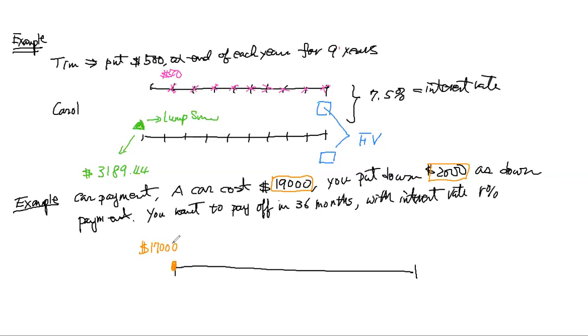That's what we call the present value. Right now the car is worth 17,000, which is the amount you need to pay through. So that's why you have 36 months. I want to figure out how much I need to pay at each month, so that my present value is 17,000.